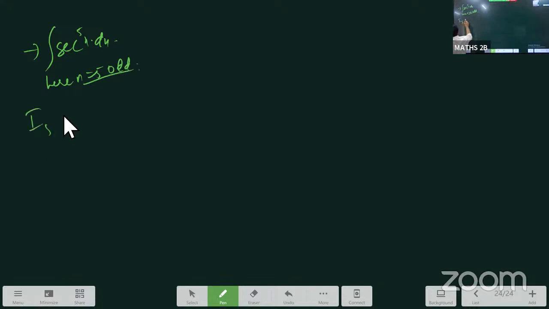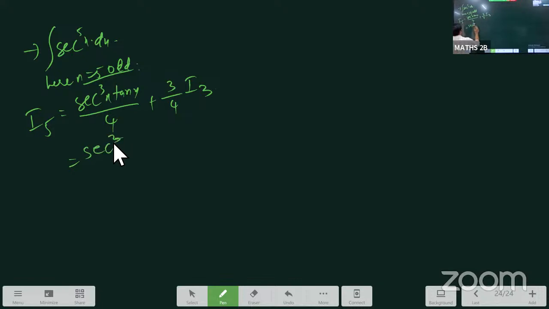So I_5, correct? Apply the formula: secant to the power n minus 2, 5 minus 2 is 3, tan x by n minus 1 which is 4, plus n minus 2, that is 5 minus 2 is 3, by 4, and this becomes I_3. Again, secant cube x tan x divided by 4 plus 3 by 4 I_3.